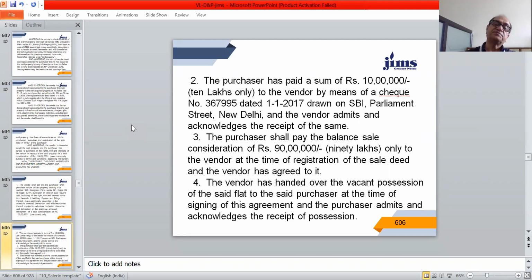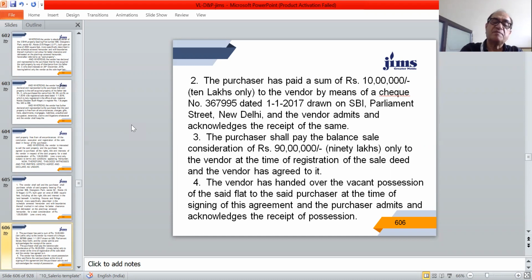Para number 3, condition and terms number 3, the purchaser shall pay the balance sale consideration of rupees 90 lakh only to the vendor at the time of registration of sale deed, and the vendor has agreed to it. Para number 4, that the vendor has handed over the vacant possession of the said flat to the purchaser at the time of signing of this agreement, and purchaser admits and acknowledges the receipt of possession.